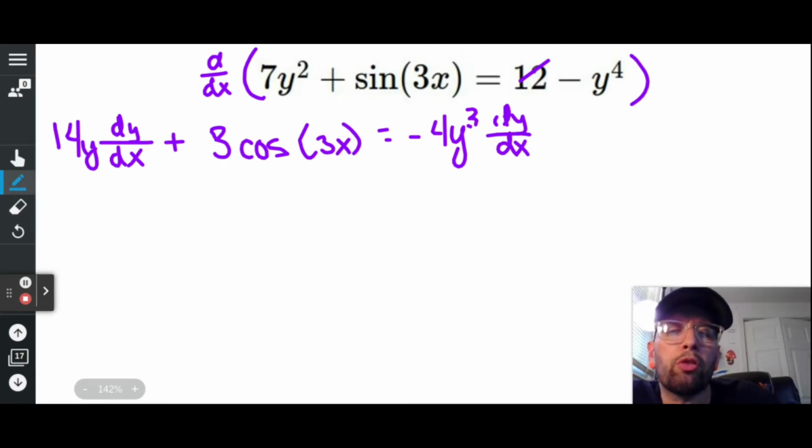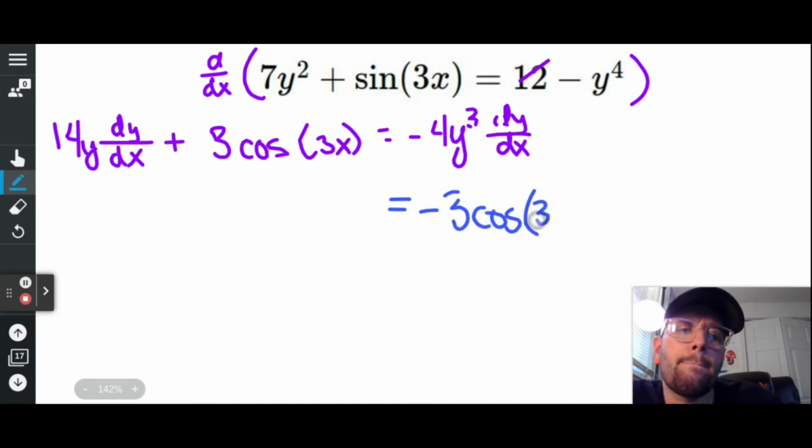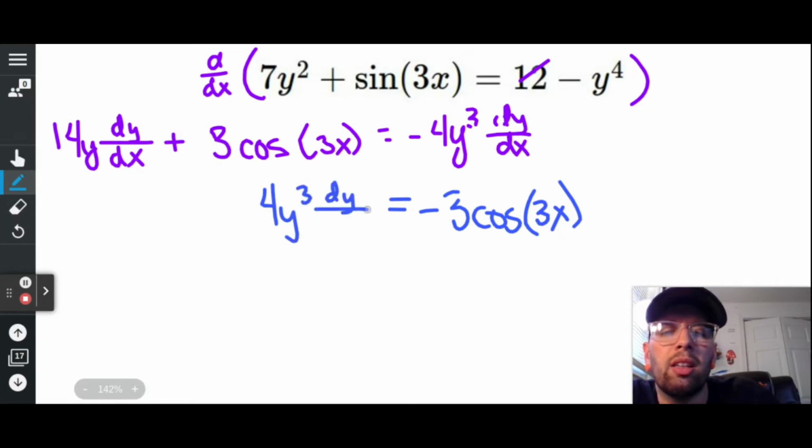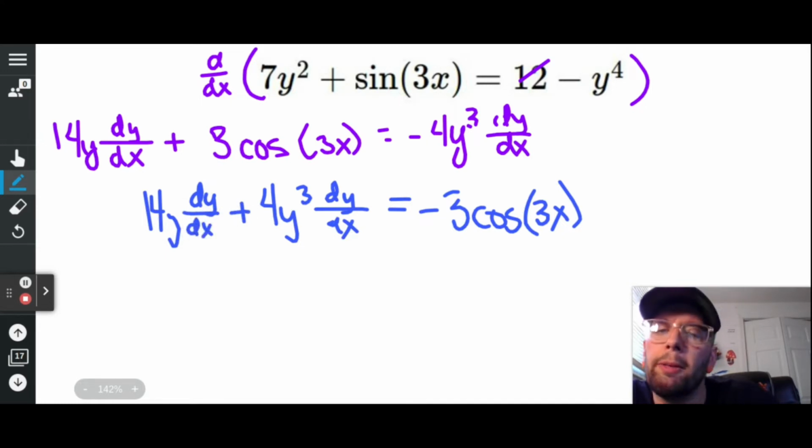That 3 cos 3x is just going to move to the right and be negative 3 cos 3x. That negative 4y cubed dy/dx is going to move to the left and become positive 4y cubed dy/dx. And 14y dy/dx is still living strong over here all by itself. And then there's a plus sign.